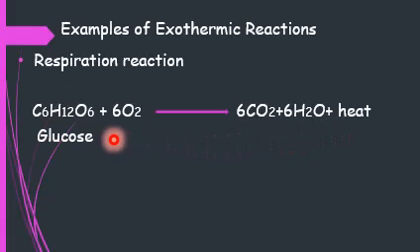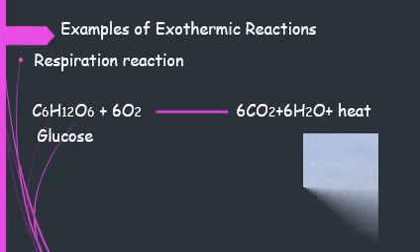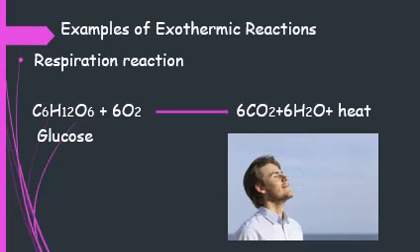So when we eat bread, roti, rice, etc., from carbohydrates, complex carbohydrates, this glucose gets formed. And when we breathe in oxygen, that oxygen reacts with glucose to give us this reaction where heat energy is generated. And whenever the heat energy is generated, that heat energy can be used for our metabolic activities.